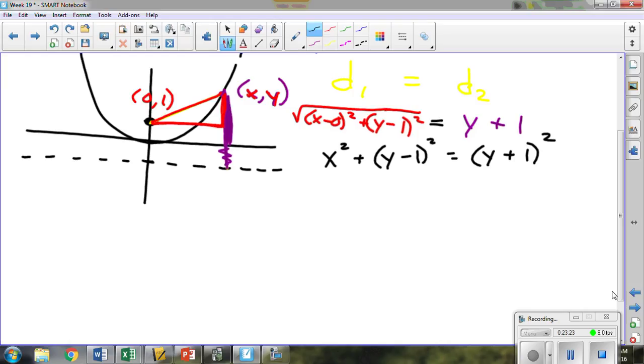So our next step is to expand those two exponents: x squared plus y squared minus 2y plus 1 equals y squared plus 2y plus 1.